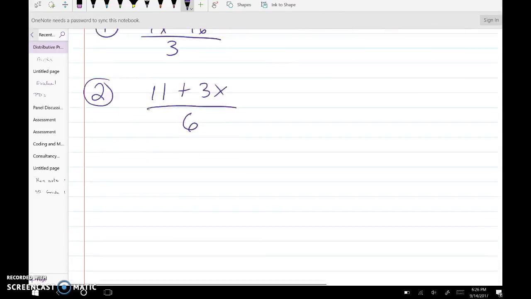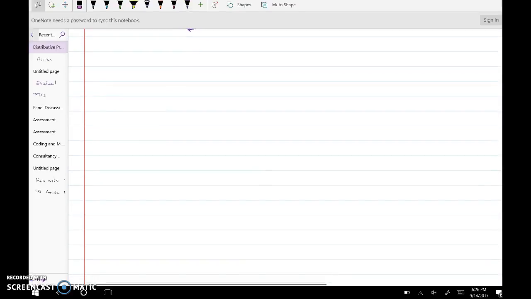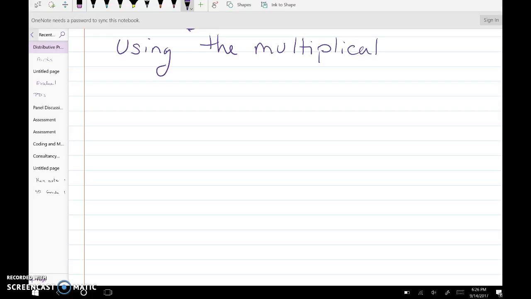The final way to see the distributive property is an idea called using the multiplication property of negative 1. Now, you've seen this before, and it's always confused you, so let's talk about it together now.